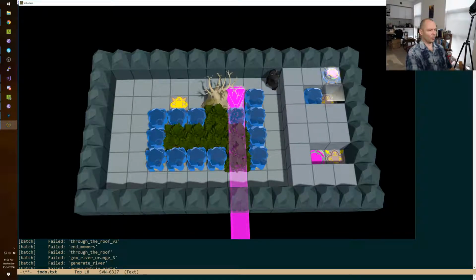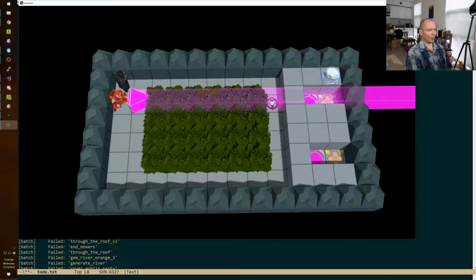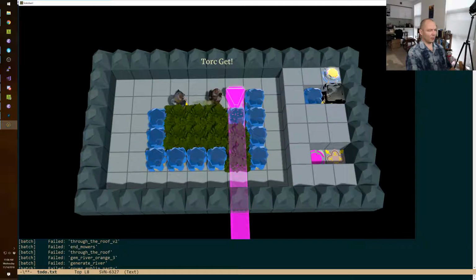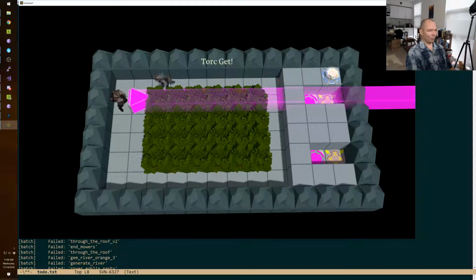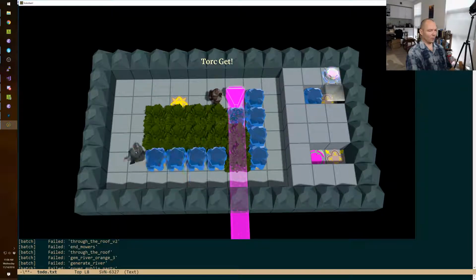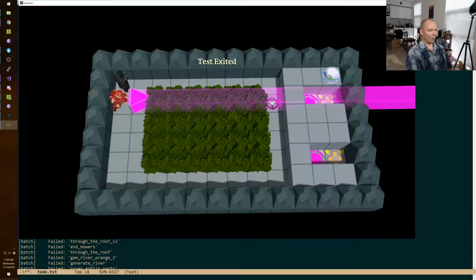Whoa! The dude just straight up turned the other guy into a tree. I'm not sure how that would have been caused by our new changes. Oh, wait, whoa, whoa.